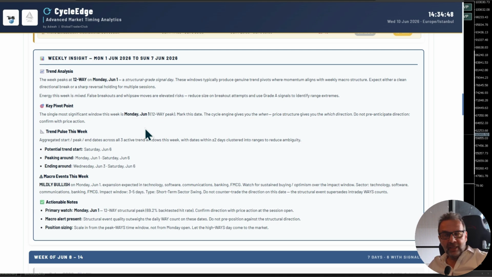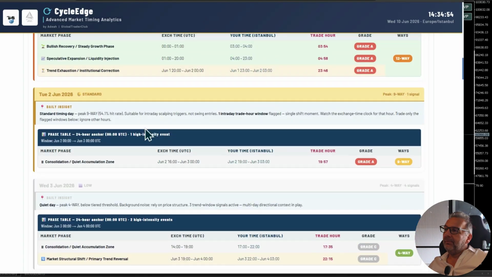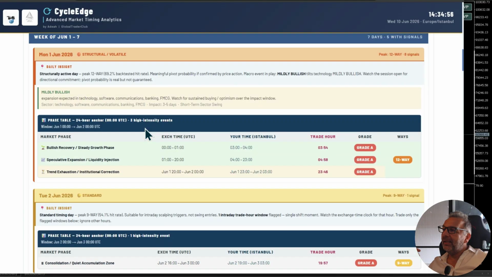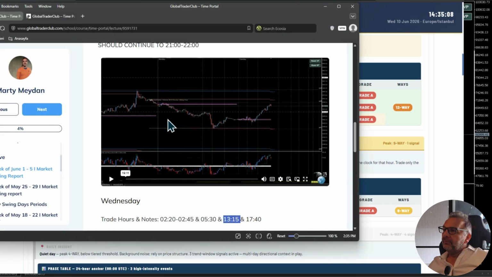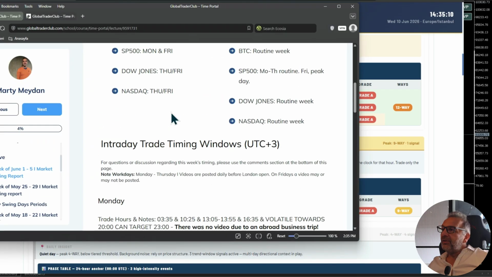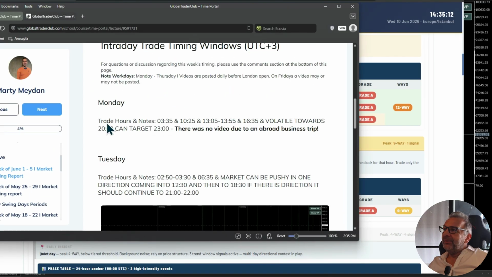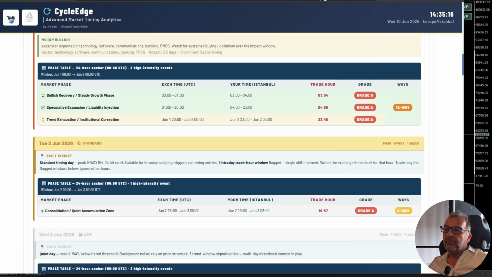If I've missed out on that day, still not a big deal, because the system is telling me to just follow it through. And I can use my intraday timing windows here in the members area as well, then I'm cooking with gas, as they say.